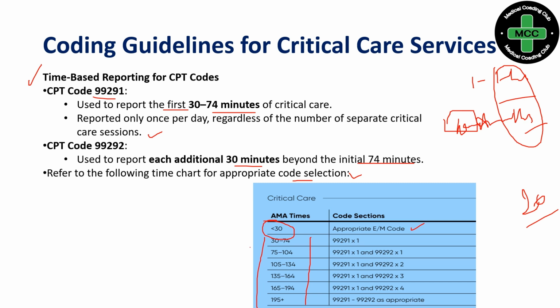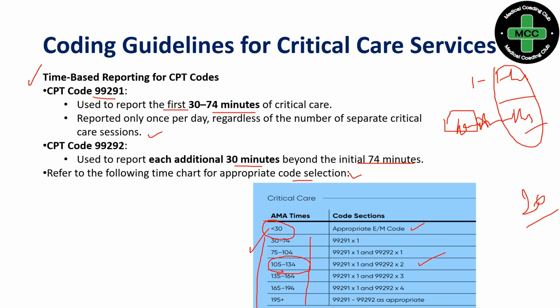The same chart is there in the CPT book, so just see in which range the time falls. Say for example, you are getting 100 minutes, which falls in 105 minutes to 134 minutes. In that case you can choose 99291 with 99292 with units 2. So you will not have any confusion.